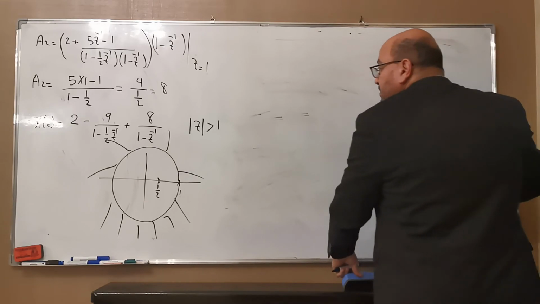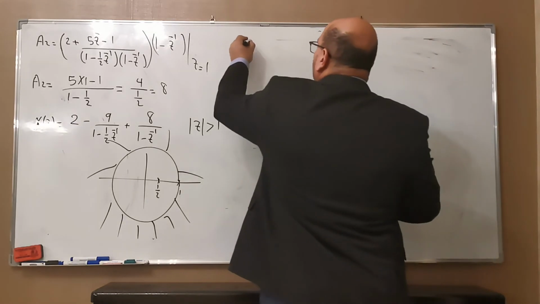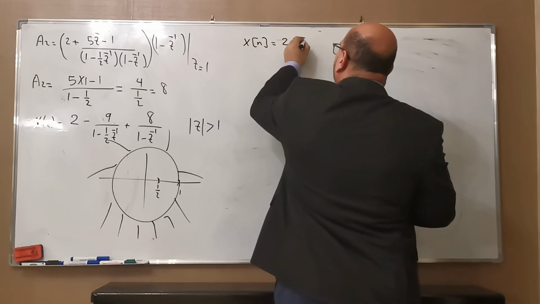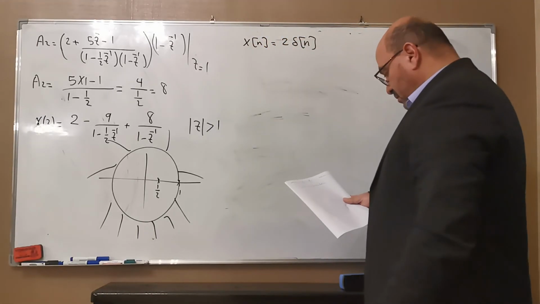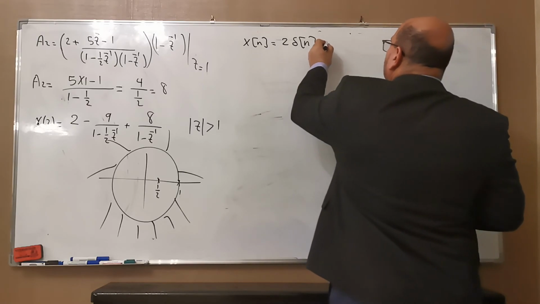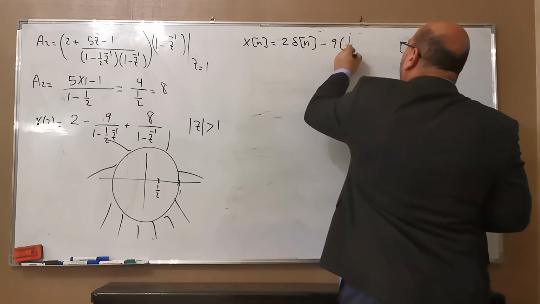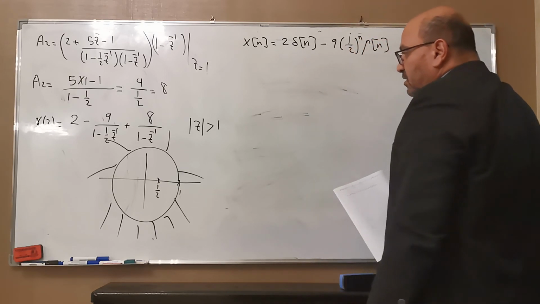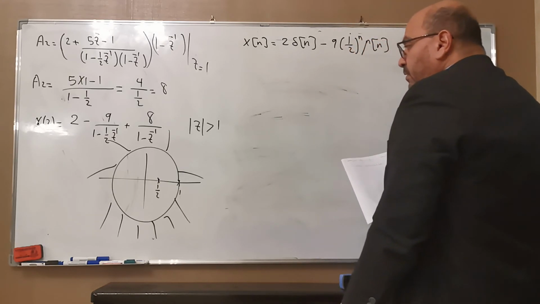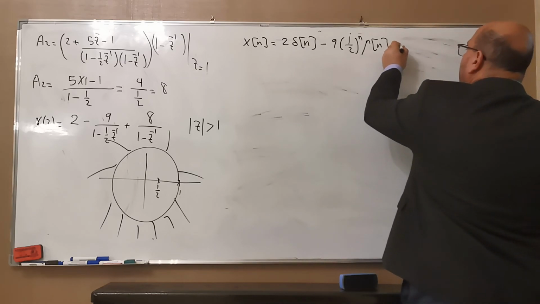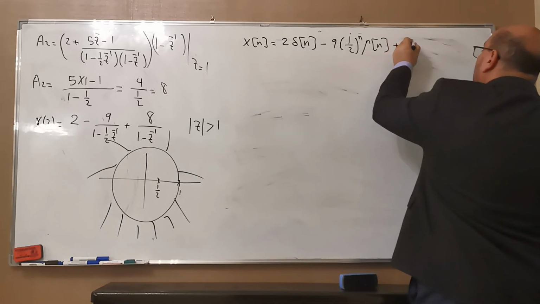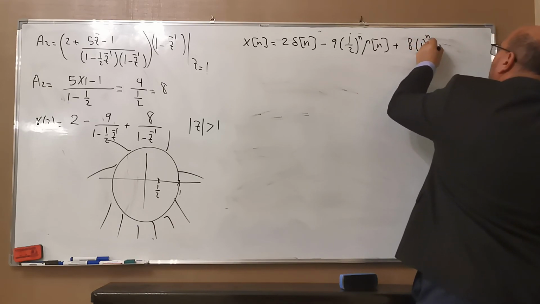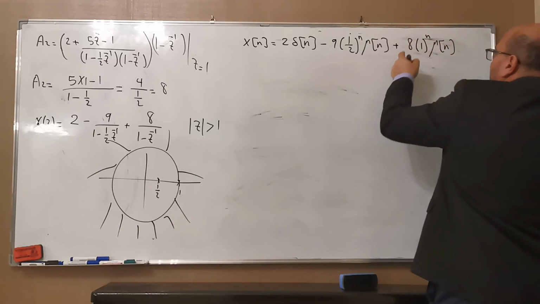The first one is 2, and 2 for x of n means that this is 2 delta of n for the constant, minus 9 (1/2) to the power n u of n. This is a right-sided exponential sequence, plus 8 times 1 to the n u of n. And 1 to the n is u of n.